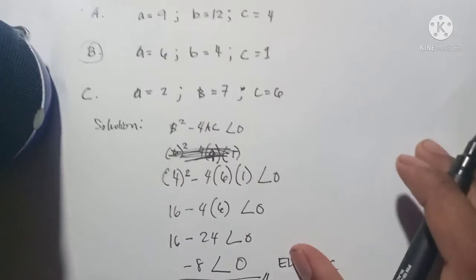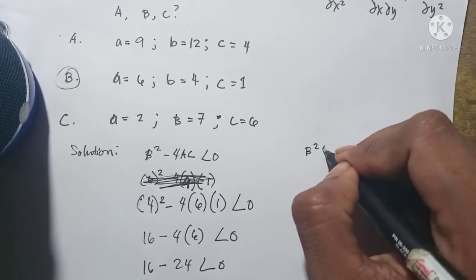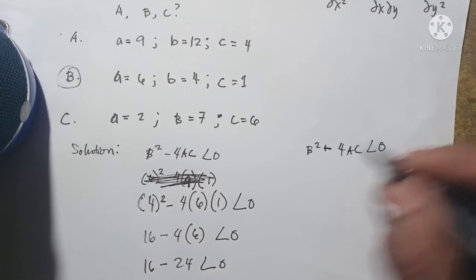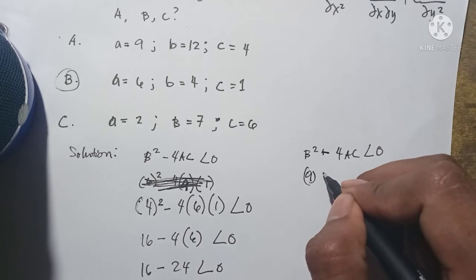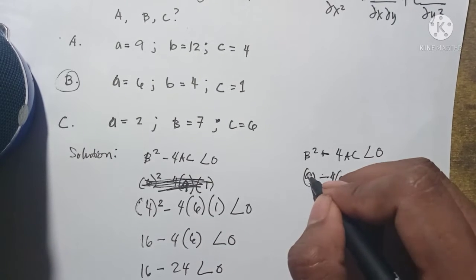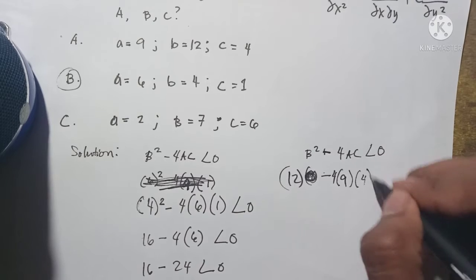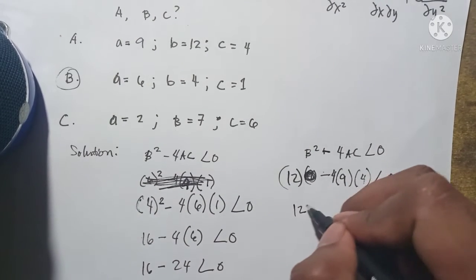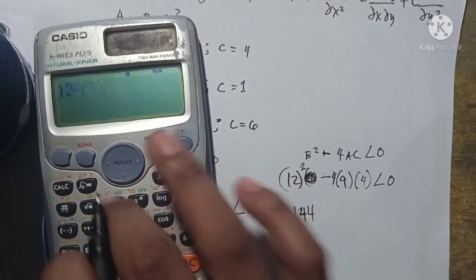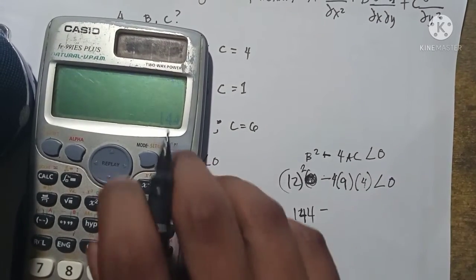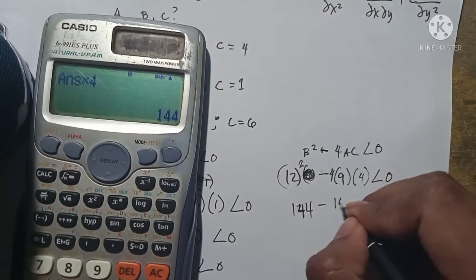If we solve letter A, b squared minus 4ac less than 0. So b squared is 12 squared, which is 144, minus 4 times a is 9 times c is 4, which is 144.